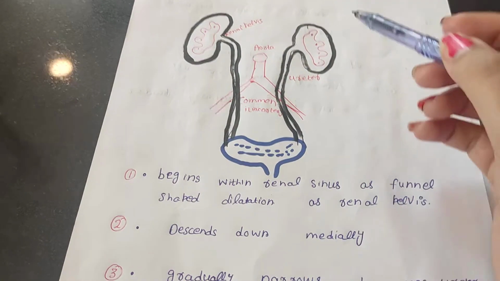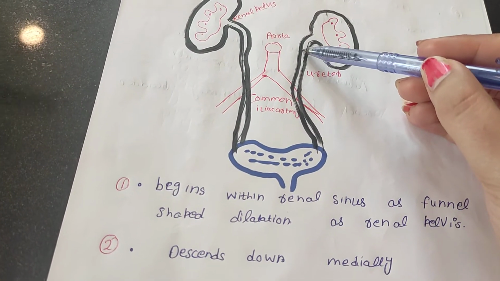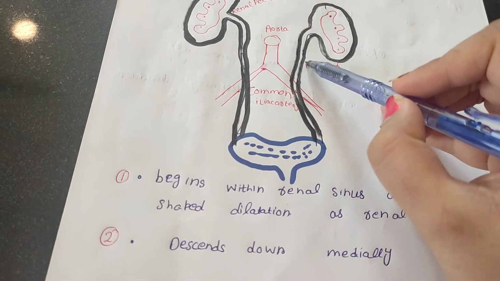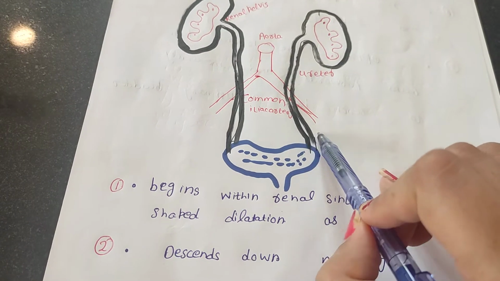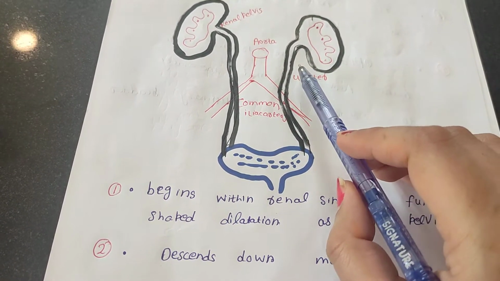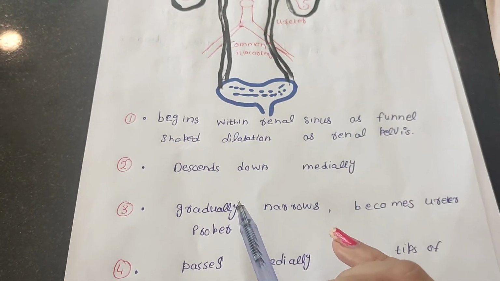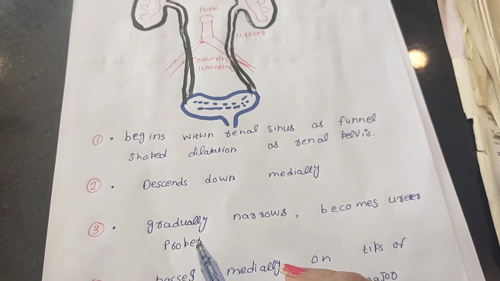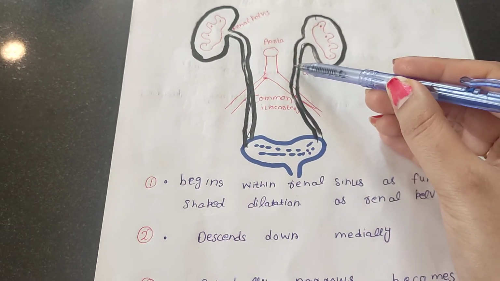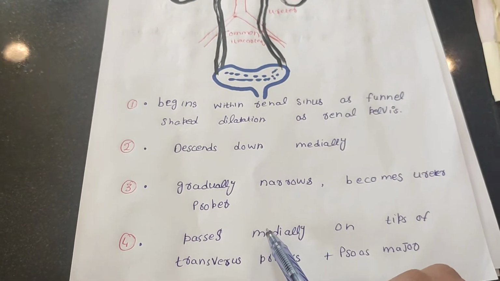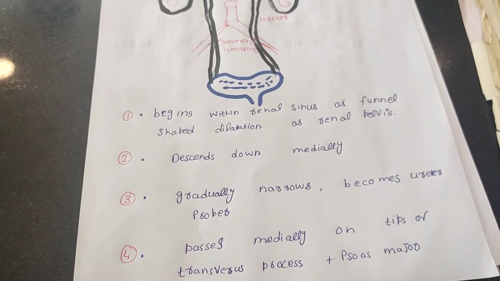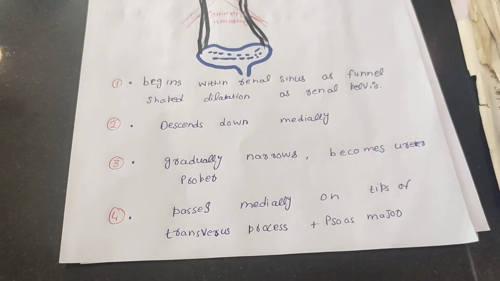It descends down medially. If you can see, I made the course. So first of all, it is towards the body. Its course is medially, and after some time it goes laterally. After that, it gradually narrows and becomes the ureter proper, and then passes medially on the tips of the transverse process and psoas major.